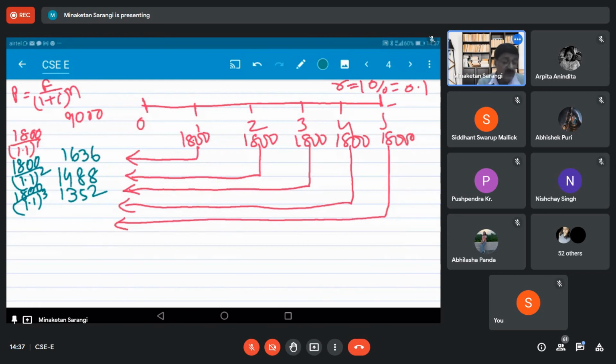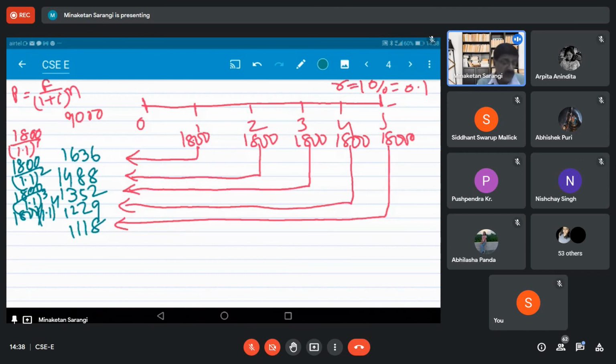So 1,800 divided by 1.4641 gives us 1,229. And the last one is 1.1 to the power 5, which is 1.6105. 1,800 divided by 1.6105 gives us 1,118.